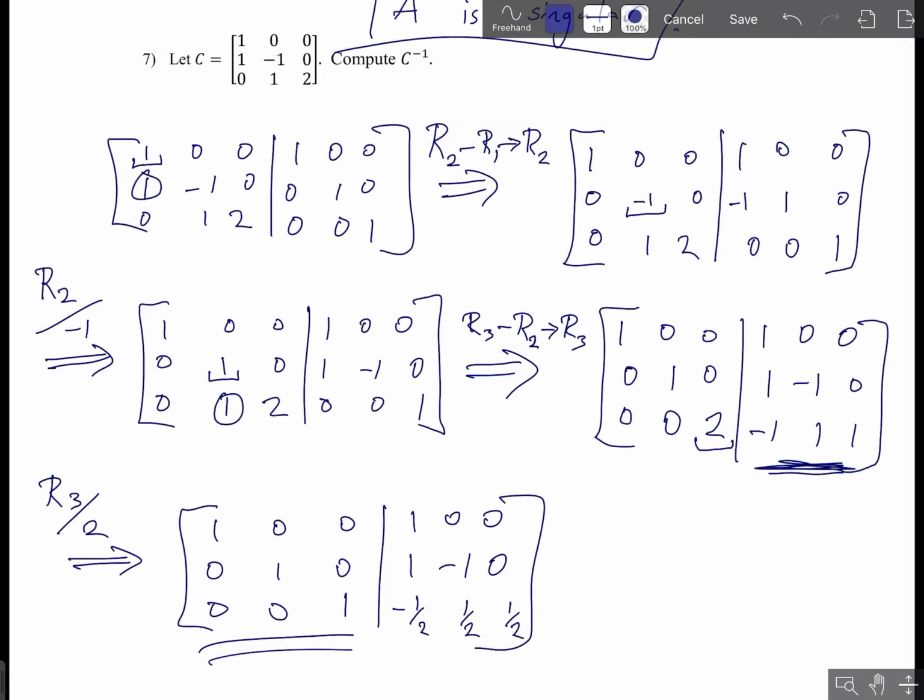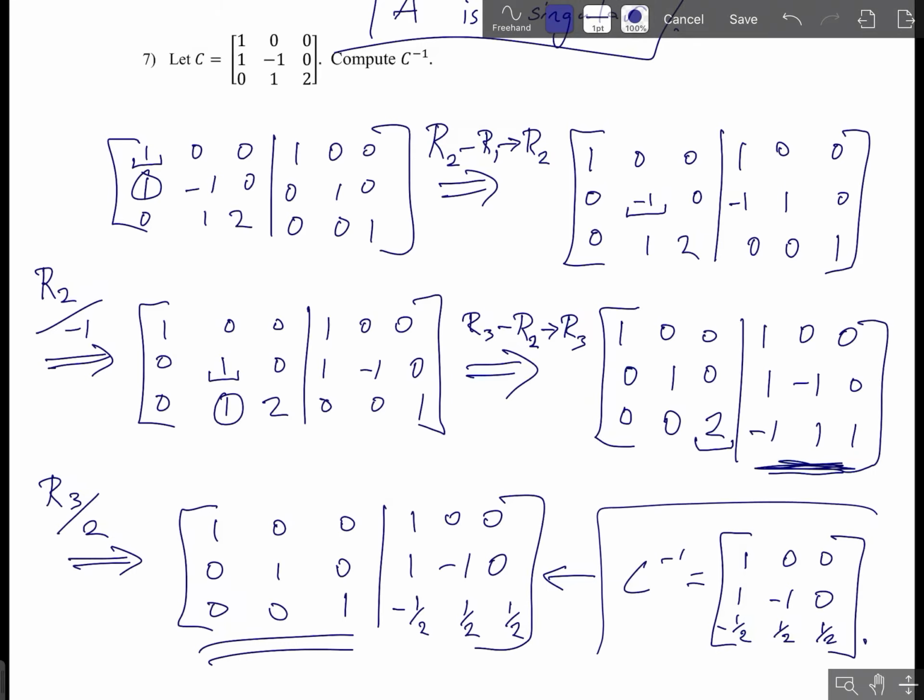This thing on the right will be C inverse. So C inverse is equal to that matrix that lives on the right, now that we've completed that identity matrix on the left side. So C inverse, if you wanted the matrix that you would need to multiply C by in order to get to the identity, it would be this matrix. Okay, so now we've found C inverse.